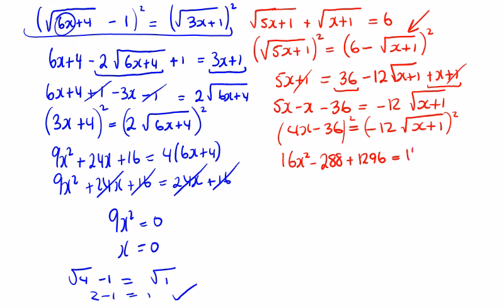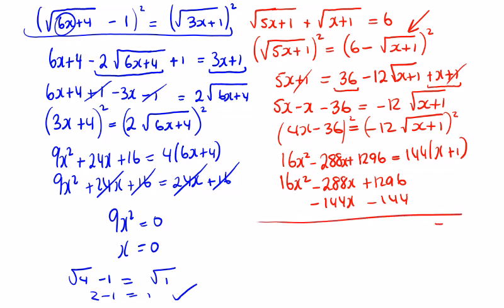And 12 will become positive, so 144 by x plus 1. What does that leave me with? 16x squared minus 288x plus 1296. It's going to be plus 144x on the other side, so I'm going to take it across, minus 144x and minus 144. And that will be equal to 0.